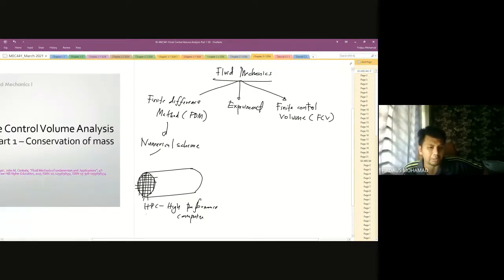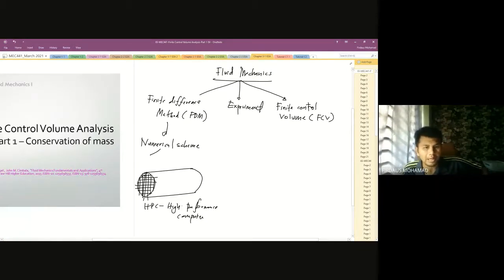For example, it is expensive, the price of the HPC itself, and also it is time consuming. In order to get an accurate result based on the number of nodes, it requires a very long simulation. So that is for finite difference method.